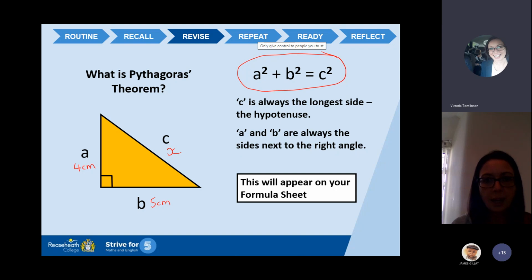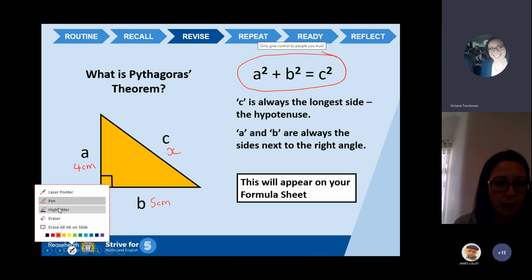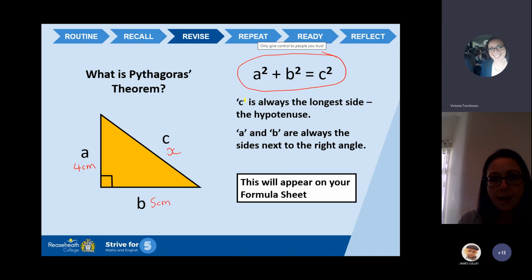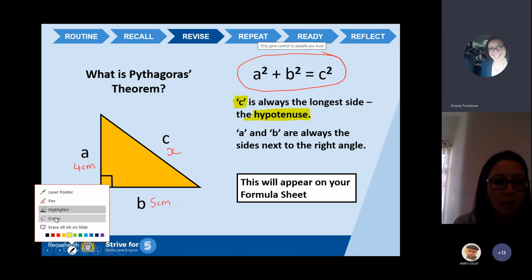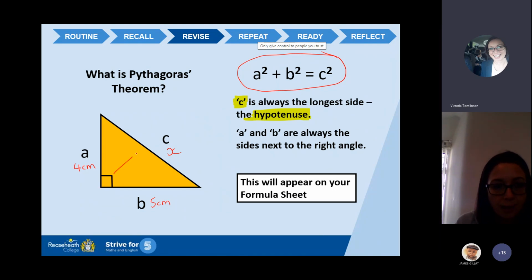The thing that you do need to know, I'm going to highlight this, is that C is always the hypotenuse. And well done, James, I was liking your big words there, the hypotenuse. C is always the hypotenuse. So that is the side that is across from the right angle. And then the other two are the shorter sides.